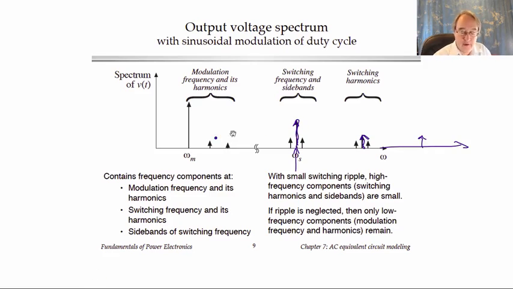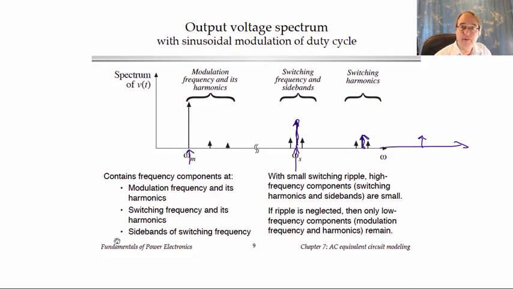In addition to that, there is a low frequency variation at this low modulation frequency. When we vary the control input sinusoidally at frequency ωm, we observe some output variation at frequency ωm.